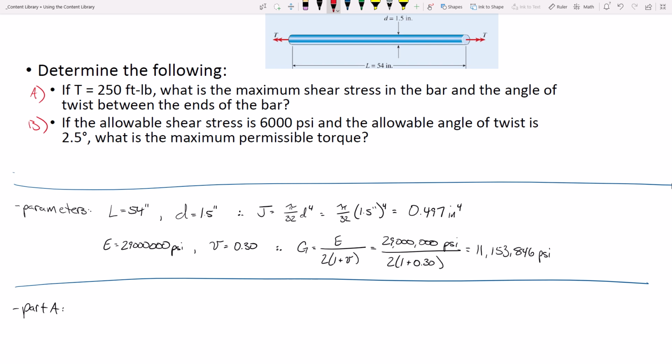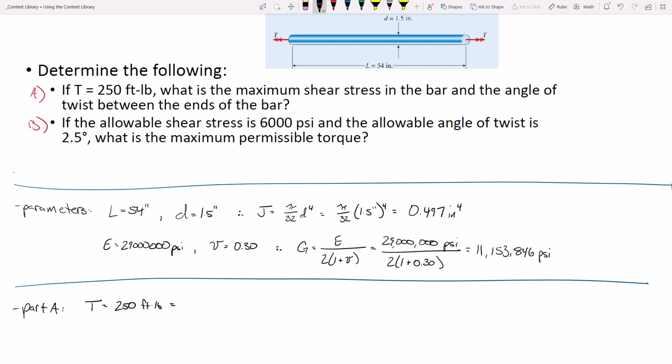So part A says, what is the maximum shear stress in the bar and the angle of twist if the torque is 250 foot-pounds? This is really, really straightforward. Okay? So the torque is 250 foot-pounds. Now, anybody see something we ought to do with this? There you go.